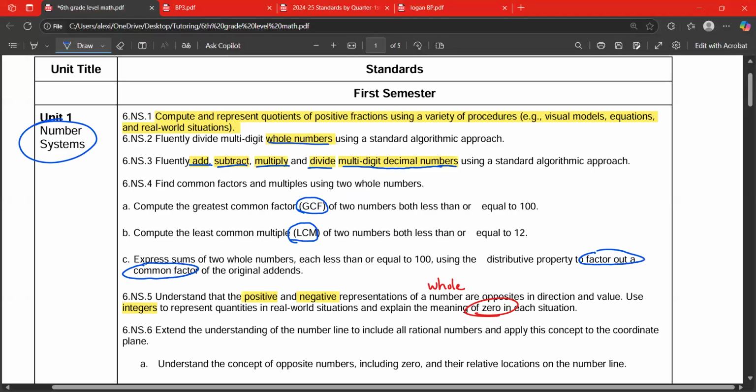That's what elementary school was all about. So you and I, let's focus on this thing that's called a GCF and an LCM. So GCF stands for the greatest common factor. LCM stands for the least common multiple.